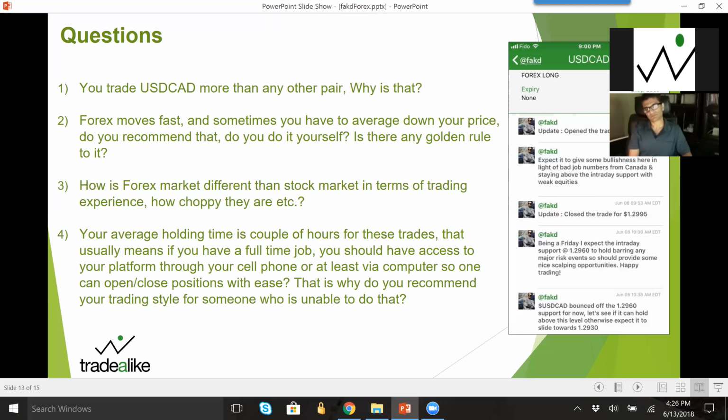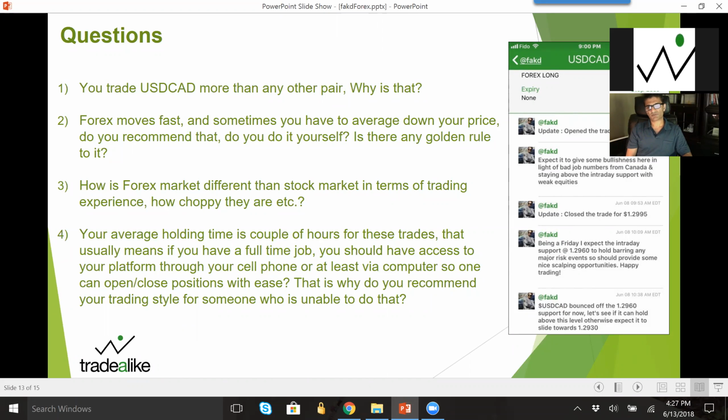So another question was, how is Forex market different than the stock market in terms of trading experience, choppiness, all that stuff? I know you trade both of them. Any particular difference? The Forex market is a much bigger market than all of the stock markets combined. So you have like $5.5 trillion of currency exchanging hands every single day.